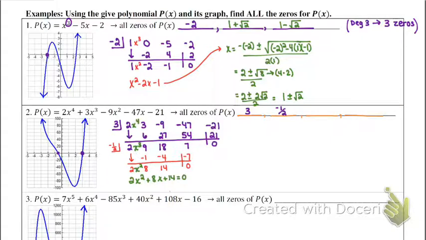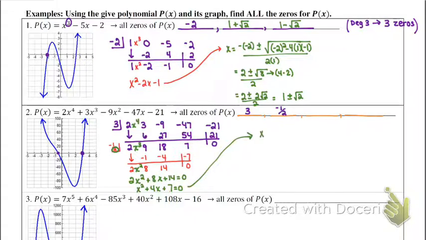I always want to look to see, do I have a greatest common factor I can divide out? And I can. I will every time I have a denominator here. So I'm going to divide by 2. It will make the calculations easier and less simplifying in the end. So from here, we're going to go straight to our quadratic formula.